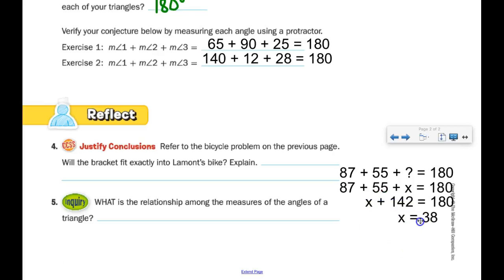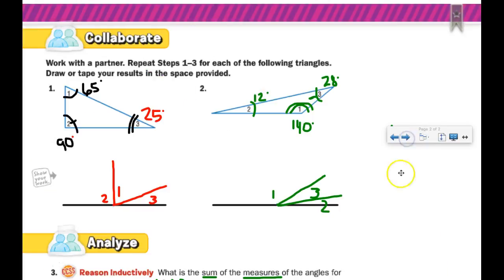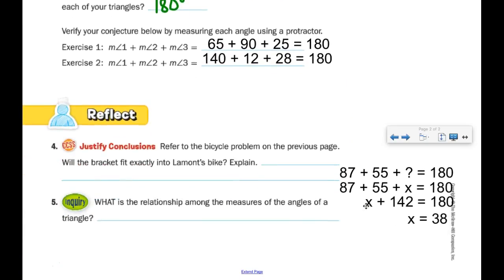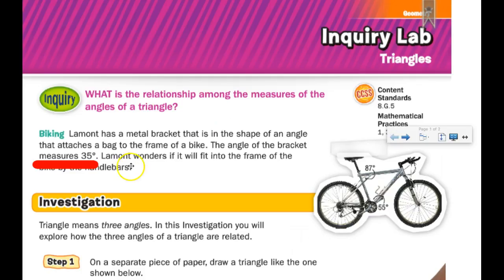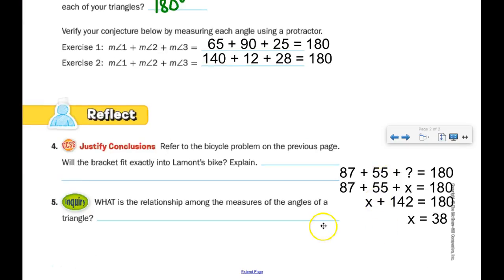Okay, so that means for that triangle we're talking about over here, this third angle is 38 degrees, because the three of them together would add up to 180. The question was, will the bracket fit exactly into Lamont's bike? Okay, well, he has a bracket that is 35 degrees, which is not exactly 38. Close, but not exactly. So the short answer is no, it's not going to fit.